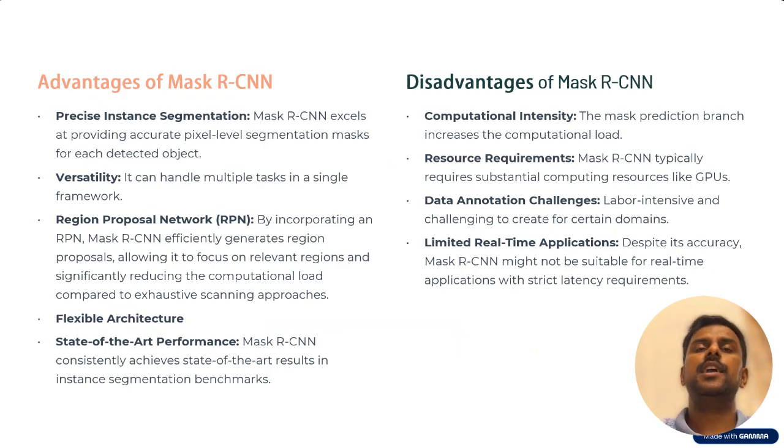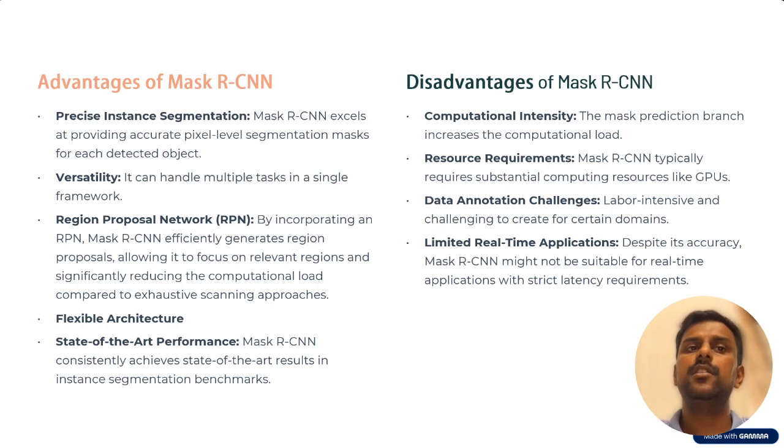Coming next, we have learned how Mask RCNN works. Now we'll go to the advantages. Here we can get a precise instance segmentation. We can point out how our object looks or what shape it takes in our image. It's versatile in nature, meaning it can handle multiple tasks.